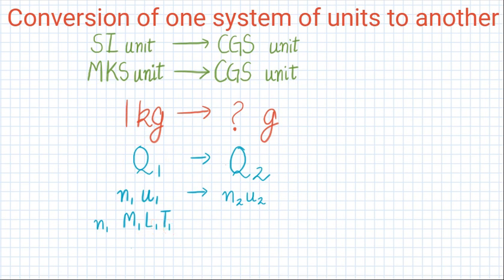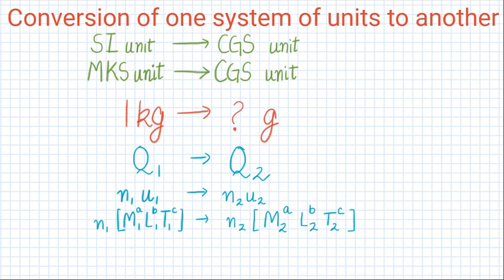So you write the dimension in terms of mass, length, time, where mass is of some power A, L is of some power B, T is of some power C. Similarly, you can write your second physical quantity as N2, and the unit of this system is M2 to the power A, L2 to the power B, T2 to the power C.